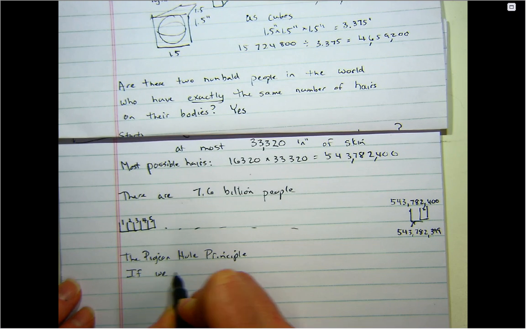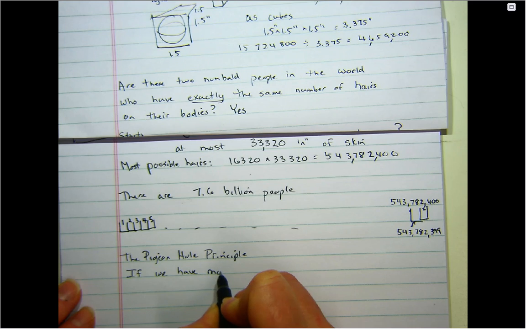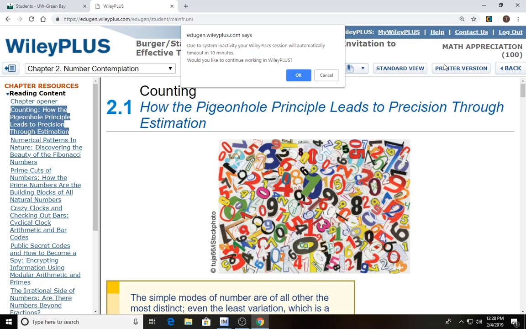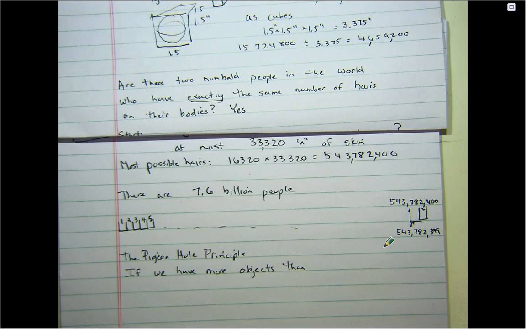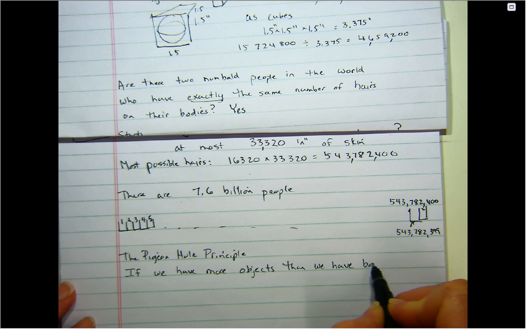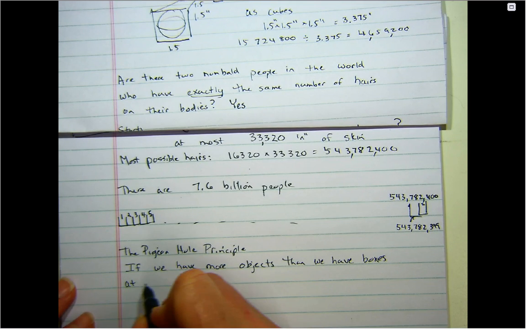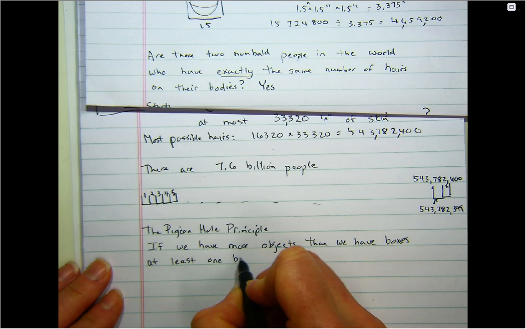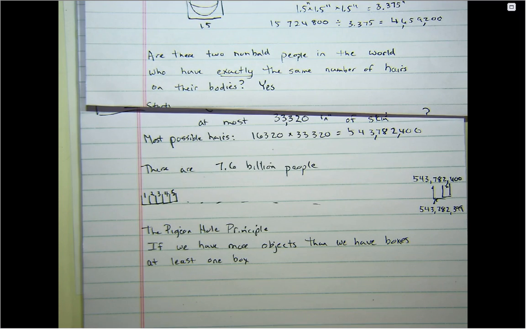If we have more objects than we have boxes, at least one box must contain at least 2 objects.